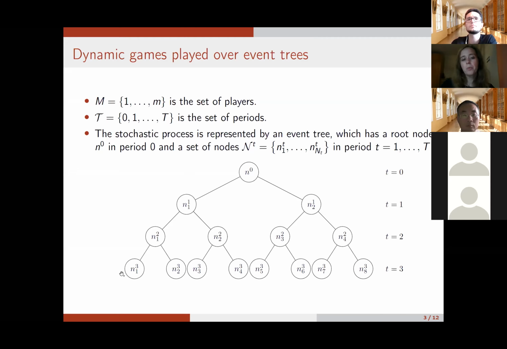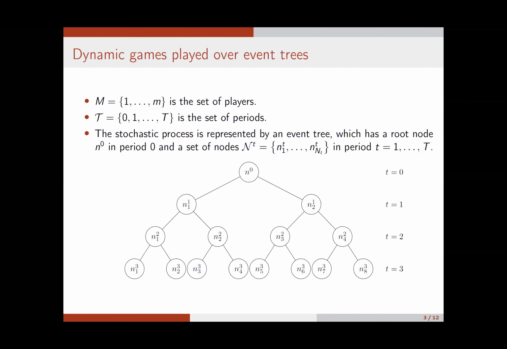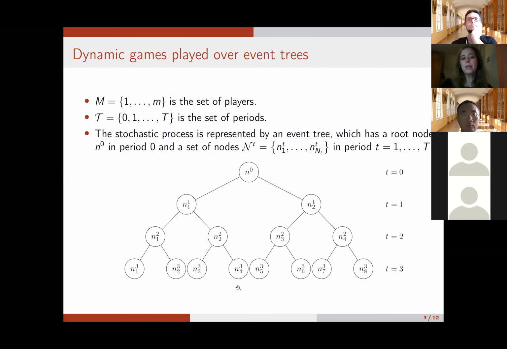The feature of this event tree is that we have uncertainties, but we know the probability distributions of this uncertainty beforehand. So before the game starts, we know the probabilities of transition from one state to another. The actions of the players at each node do not influence the probabilities of transition from state to state.